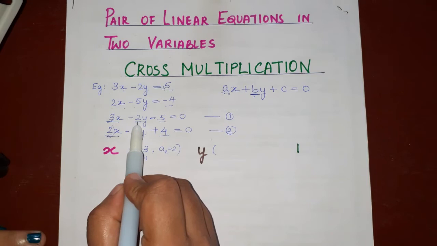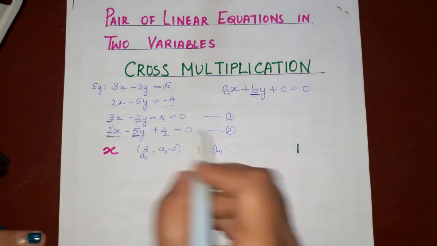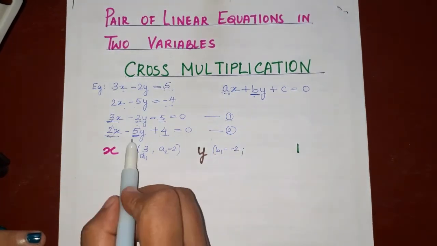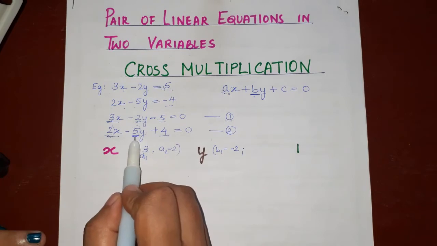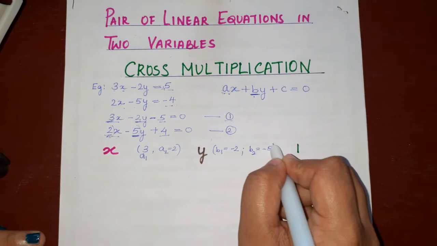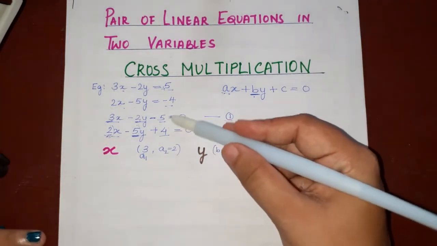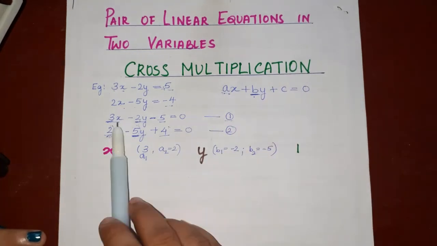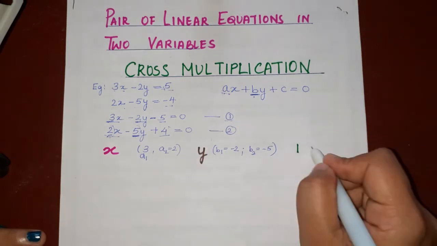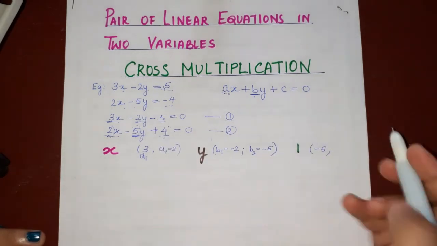So b1 is equal to minus 2, and from equation 2 the value of my b2 is minus 5. Now coming to the constant part, that is the numbers without any variables. From my first equation, my first constant is minus 5, and my second constant is 4.